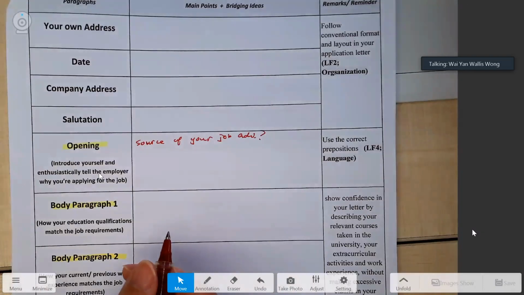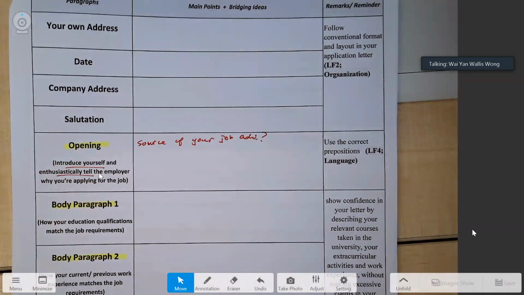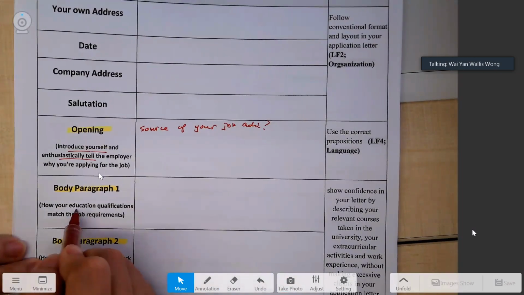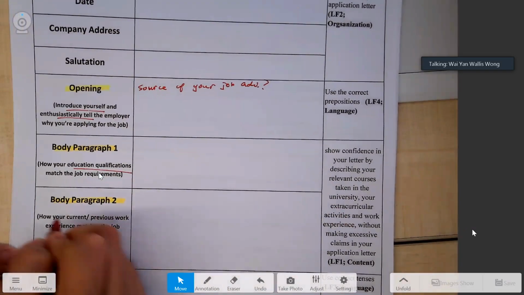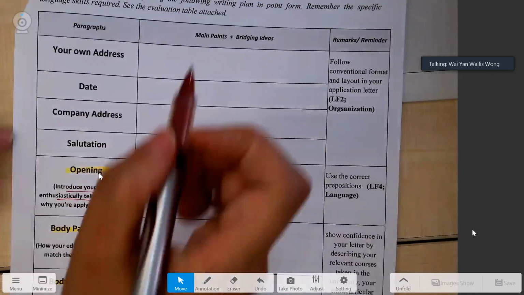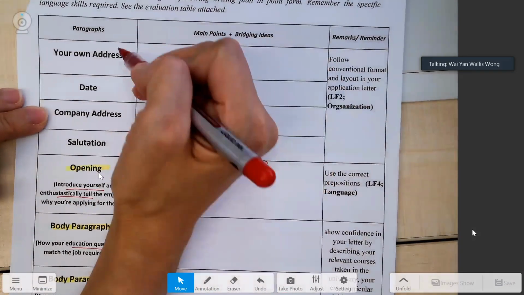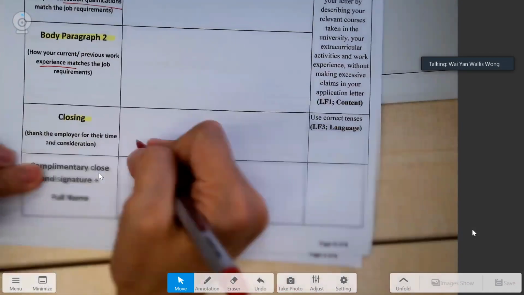Other than just introducing yourself, you need to show your enthusiastic attitude and tell them that you would like to apply for the job. Next, make sure you have the education qualification, which university. Next, experience, and then closing. So today, 15 minutes left, I would like you to finish the whole page, and then some modification in the middle.